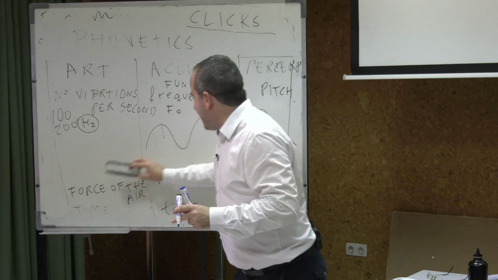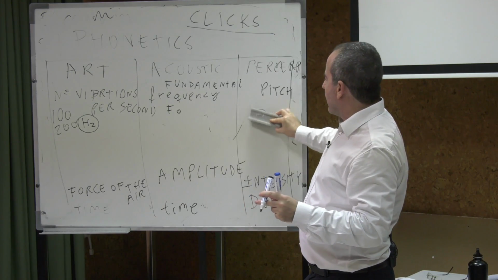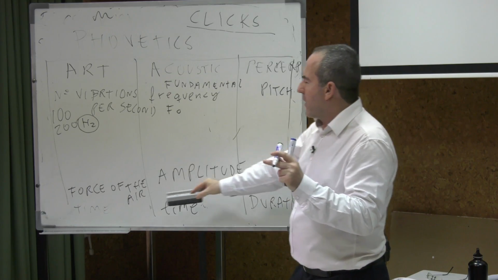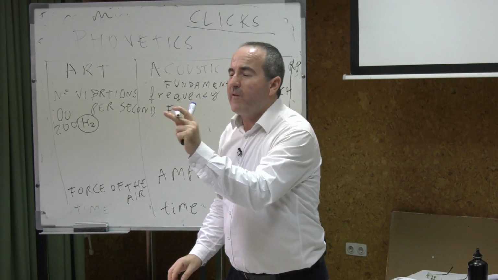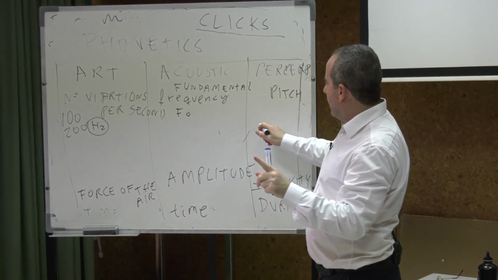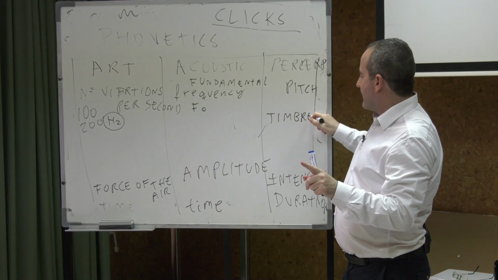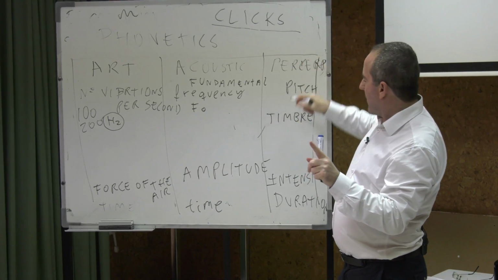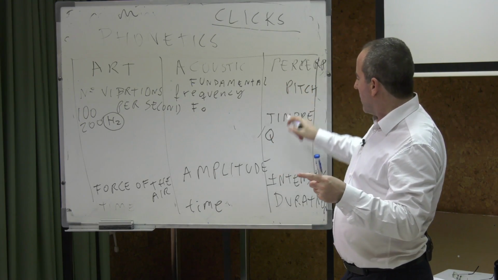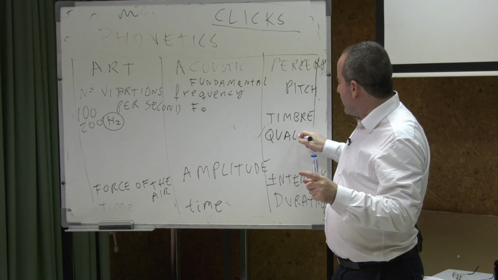Okay, now the final three concepts that I want you to learn. I'm leaving them for last because they are probably the most difficult to understand, but I'm going to try to make you understand. It is what in Spanish we call the timbre of the sound. In English, and this is how we perceive the sound, in perceptual phonetics, they call it voice quality.